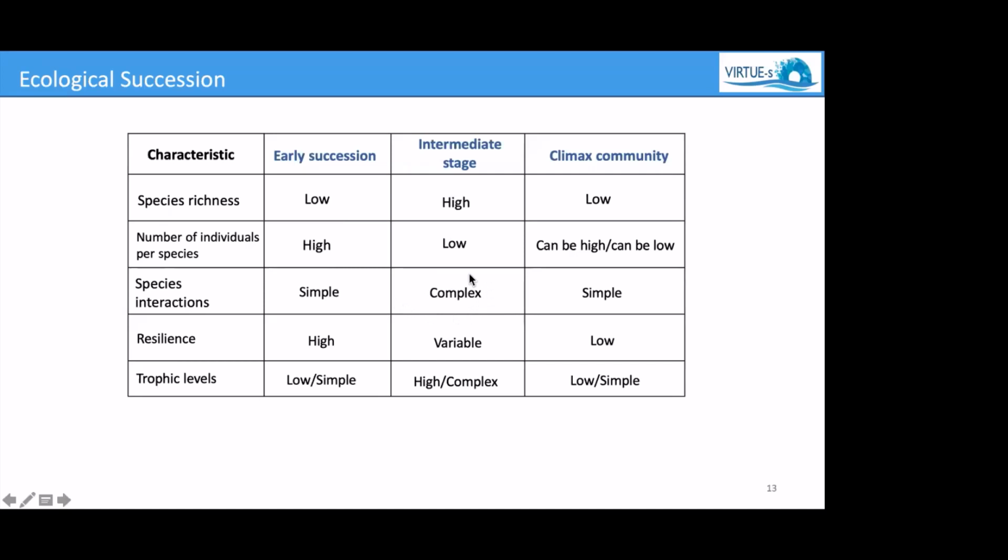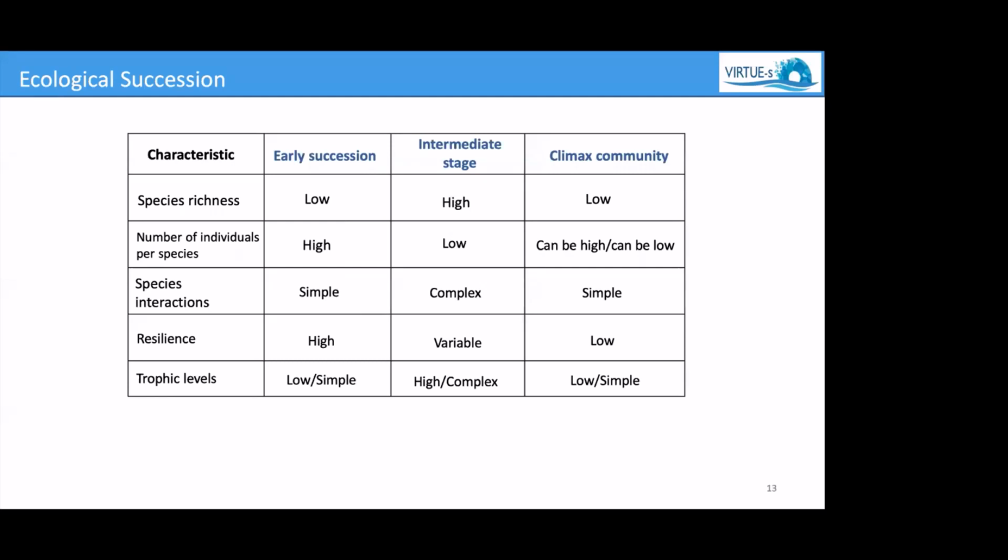And here we have a complex interaction because it is in this stage where the organisms will be acting on each other, competing with each other, fighting with each other, trying to push one species away while another species works together with another.